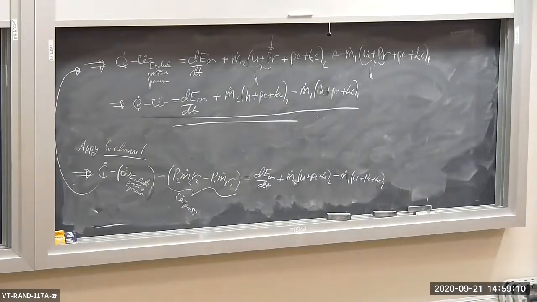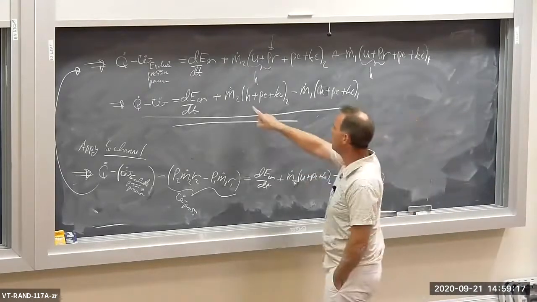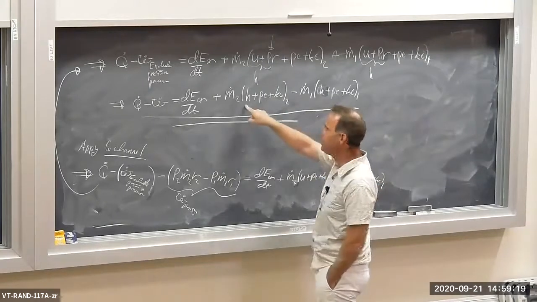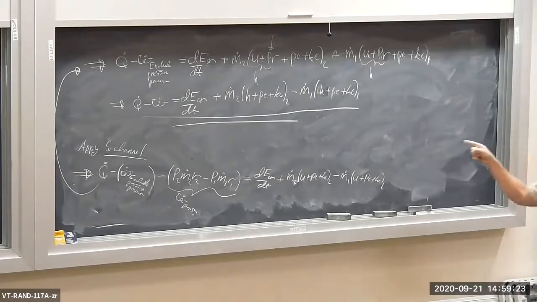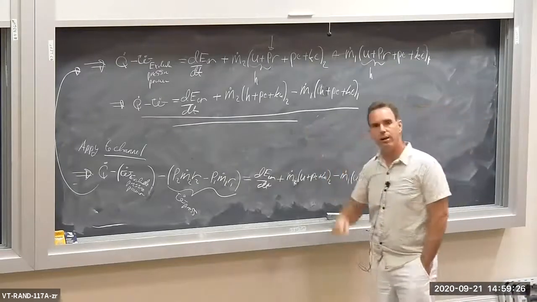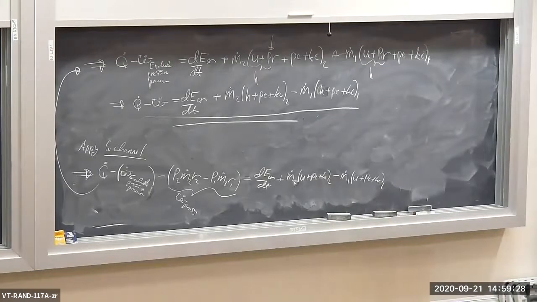The only difference between this equation and the original energy balance we had prior to the discussion of pressure power is the internal energy was here in place of the enthalpy. So this version right here includes the effect of pressure power automatically within the energy balance.